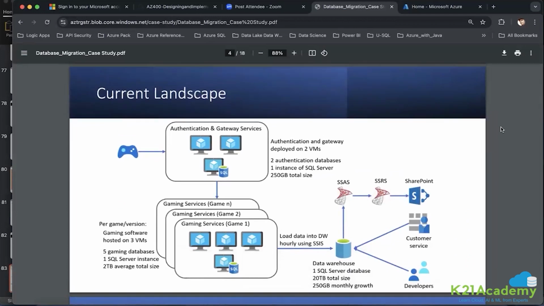They were releasing many different game platforms, or maybe different games, n number of games. They have a front end where they provide authentication and authorization for the players, who can authenticate themselves and go through with that activity.